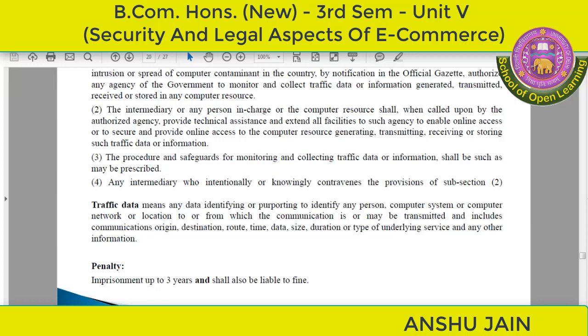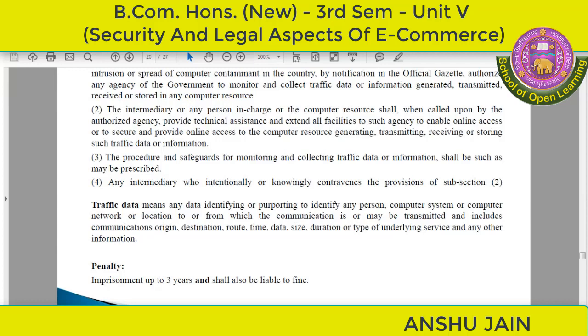So basically traffic data में क्या है, if we are trying to share some kind of data or information from one place to another place, then each and every thing will be there and the data will be transmitted, and it includes the different origins.